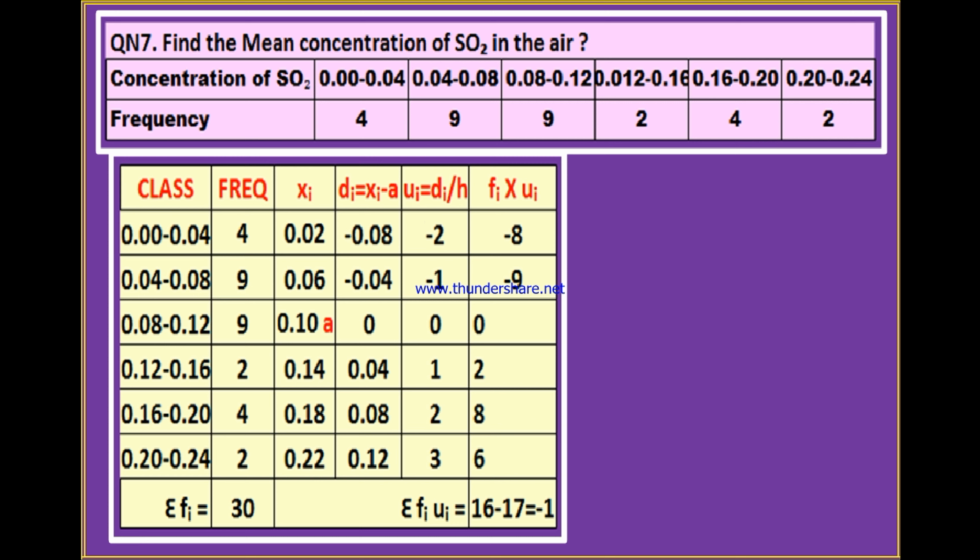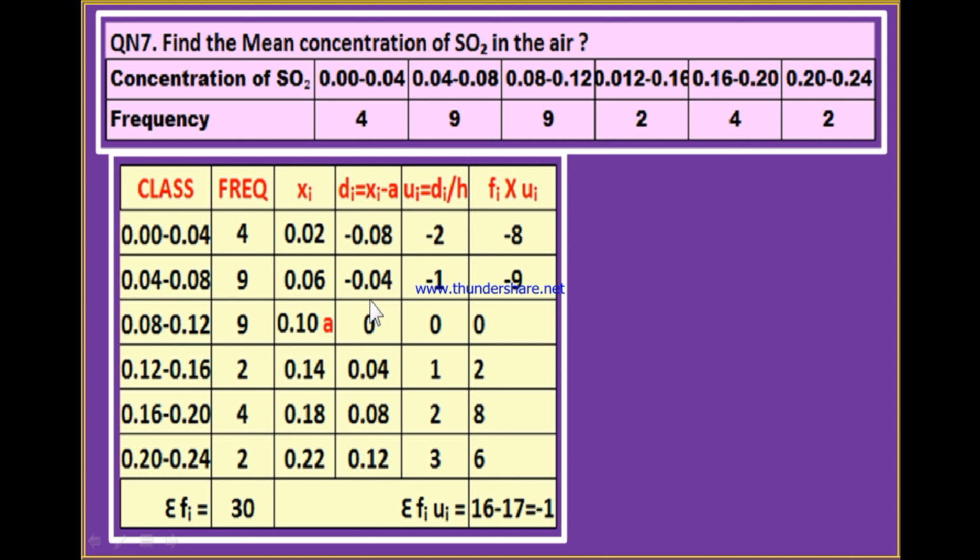The formula to find ui is di divided by h. Here h means height of the class. How to find h? h is nothing but the difference between any two successive lower boundaries or any two successive upper boundaries. The difference is always the same, which is equal to 0.04. Therefore h is equal to 0.04.